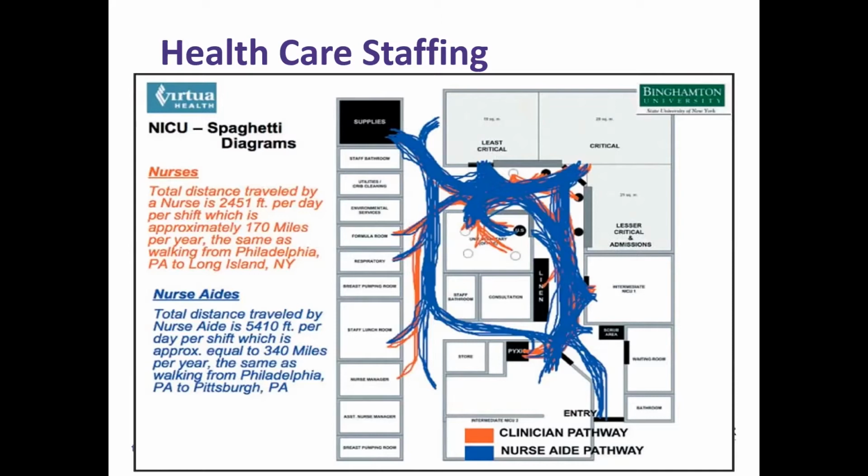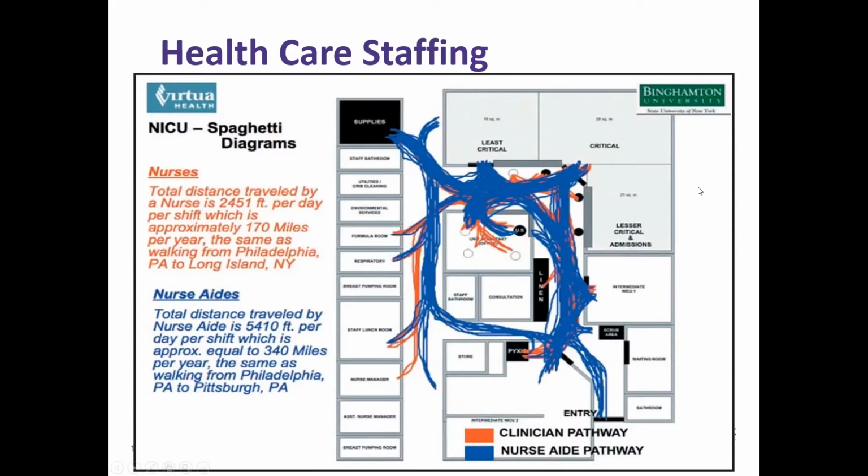Now, on this spaghetti diagram, you can see the blue and the red. The repeated lines indicate how many times this area was walked. There are many ways of doing this. Now there are ways to automate it so you're not doing it manually.